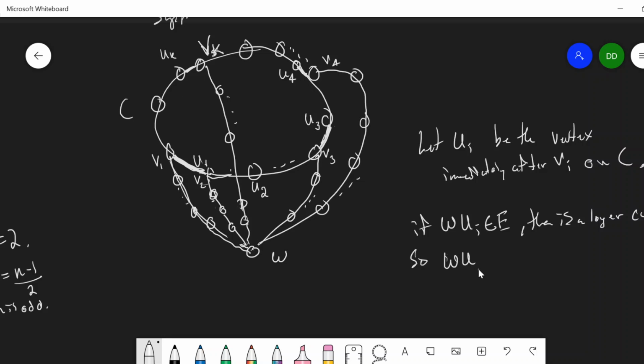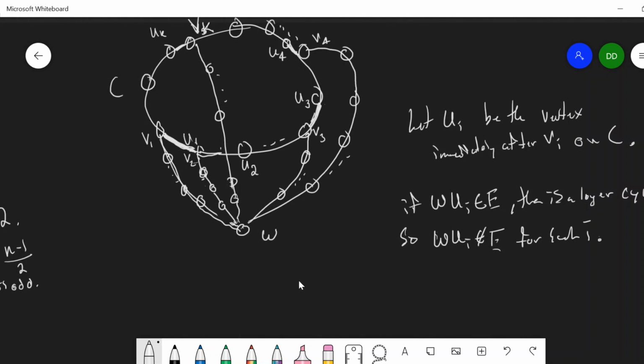So W U sub I, now I get to do a slash through it, is not an edge for each I. So now I have this collection of vertices. I'm going to do W, U sub 1, U sub 2, up through U sub K. I have all these vertices.